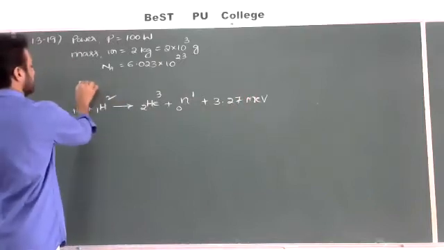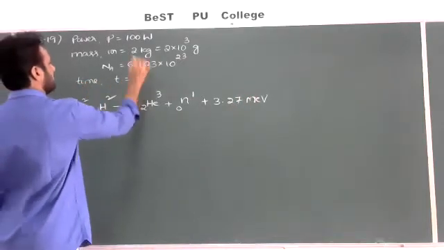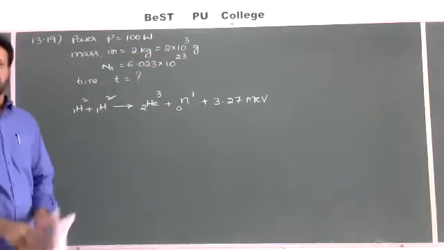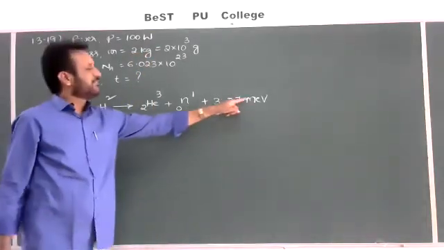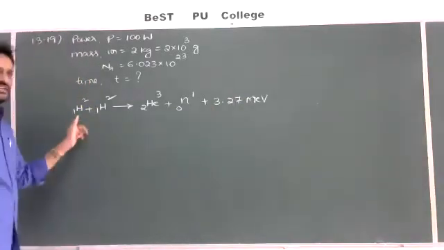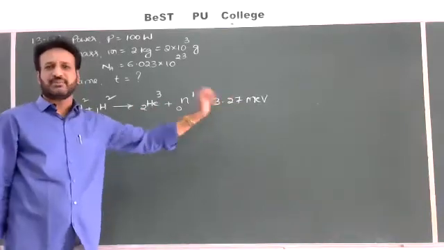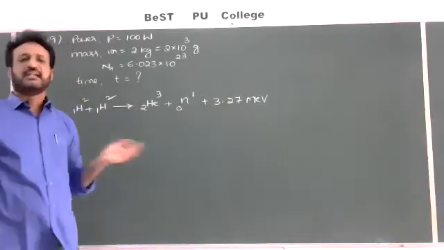Then we need to calculate the time of glowing of the bulb, T is equal to question mark. But this 3.27 MeV is emitted for how many deuterium atoms? For total 2 deuterium atoms, the amount of energy liberated is equal to 3.27 MeV. But for one atom, you should divide by 2.